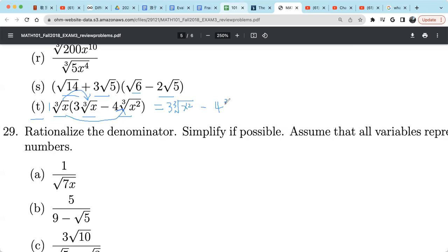So let me just write down: I have a cubic root of x times x squared. What's x times x squared? x cubed, right? So this term becomes 4x. Because x cubed, then cubic root, right? So it becomes x. So the answer is 3 times the third root of x squared minus 4x.